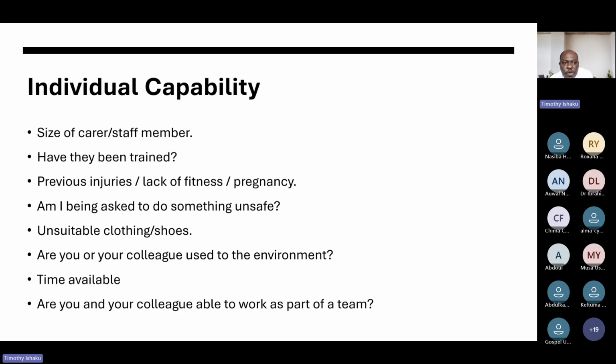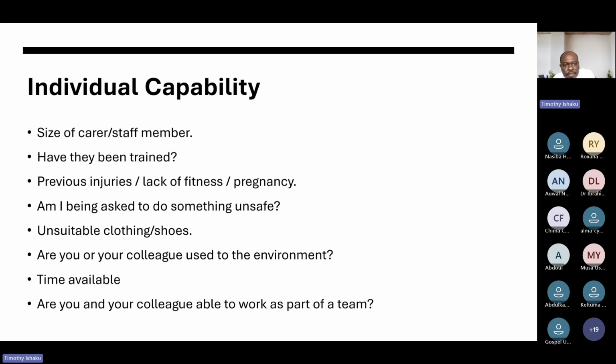Now, I think for clothing, unsuitable clothing or shoes. It's probably just for us to think about. It's not limited to today's meeting, but I think in certain settings, some of us will come when we are doing patient handling or a manually demanding task.